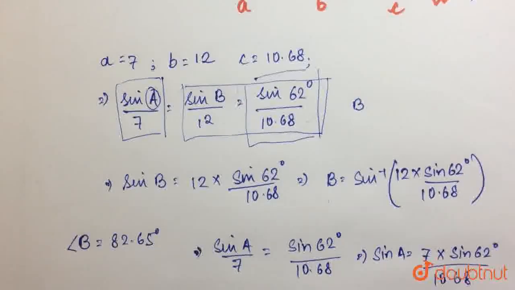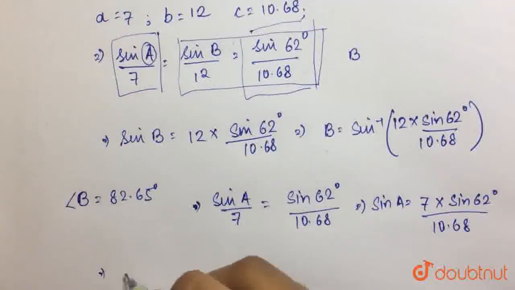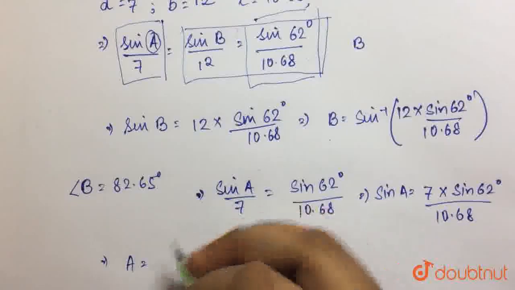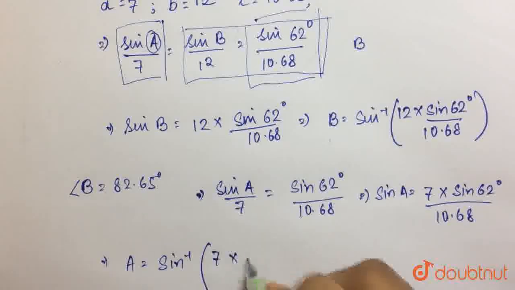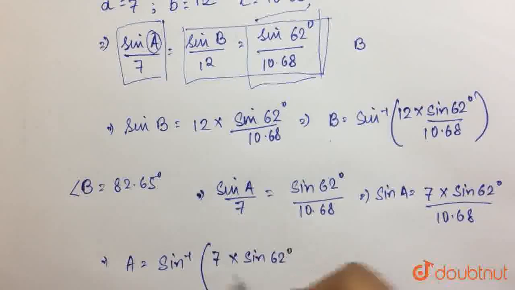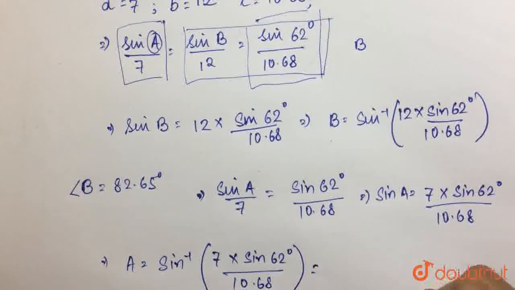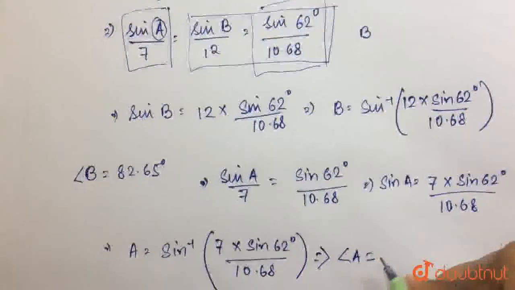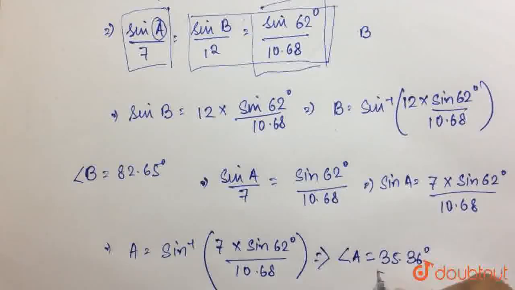All right. So A will be equal to sine inverse of 7 into sine 62 degree by 10.68, right. And that gives the value of angle A as 35.36 degrees, right. So now we have completely solved for this given triangle, right.